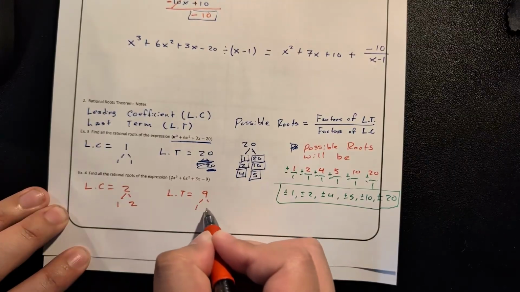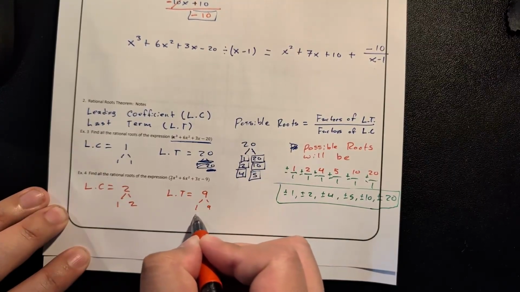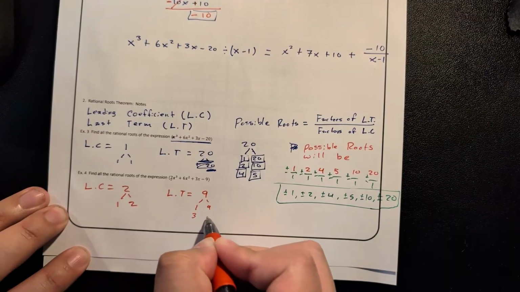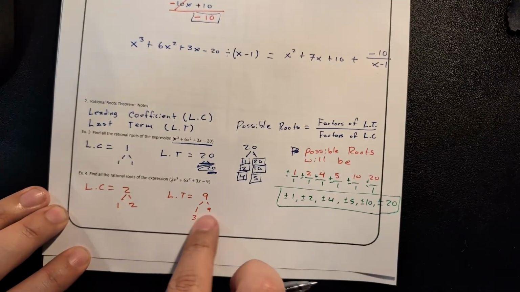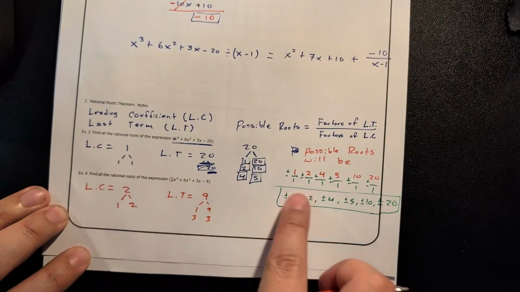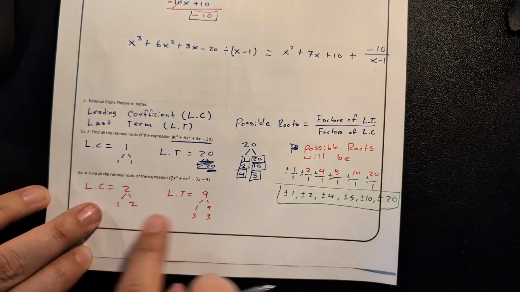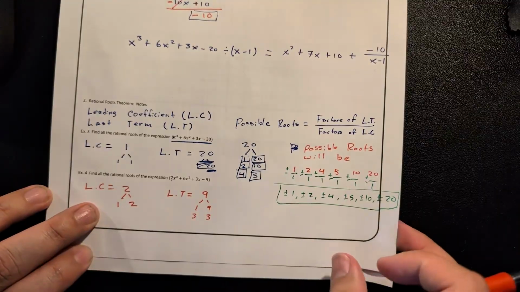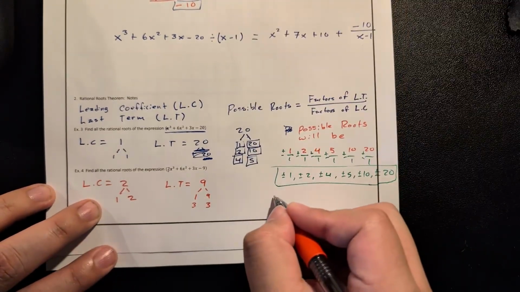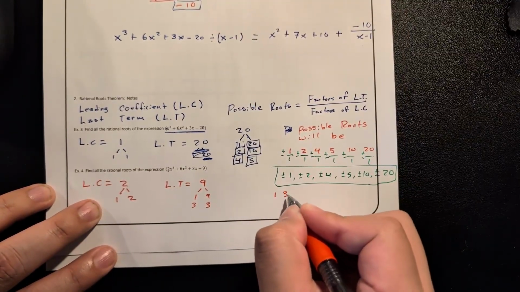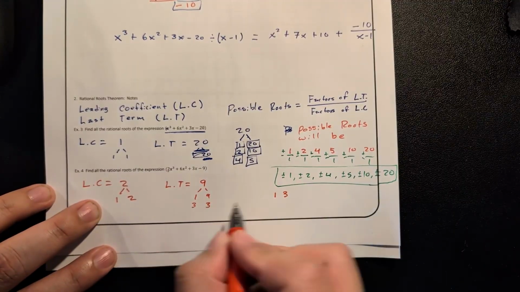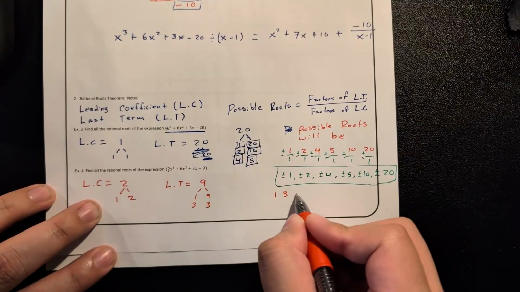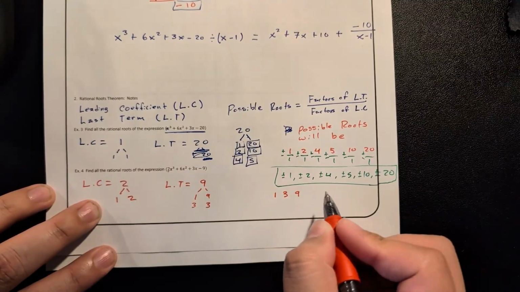And we're going to break this up as 1 and 9. 2 doesn't go into it. 3 and 3. And I think that's about it. So we're going to have 4 of them. Actually, I'll just do 4 completely. 1, 3, and then since 3 appears twice, we just need to write it once. 3, and then 9.